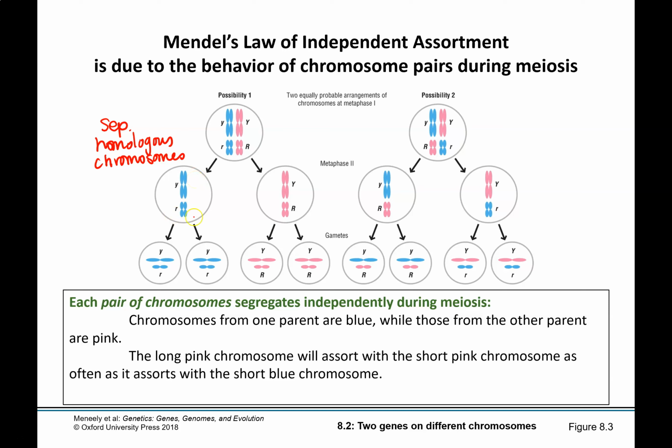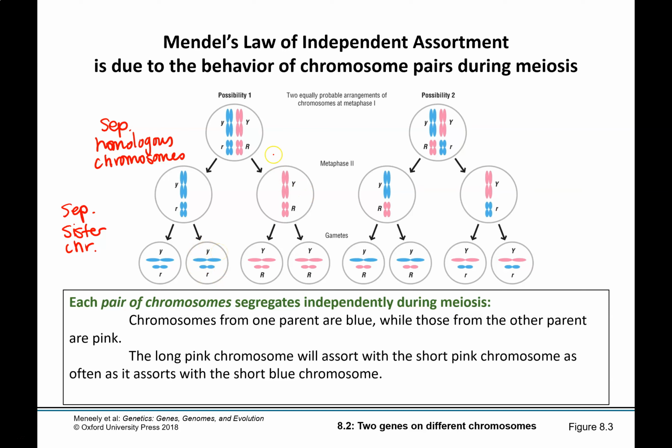Same thing with our Rs. So over here, let's look at just one side. We are now going to separate sister chromatids. And when we do that, this cell is going to split, and you'll see that this cell is going to produce a little y, little r combination, and then another little y, little r combination.